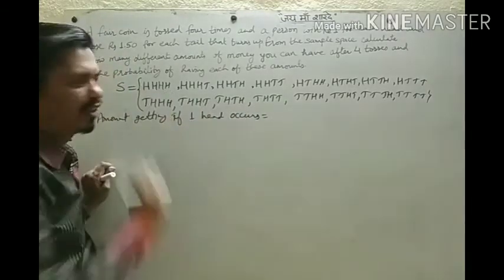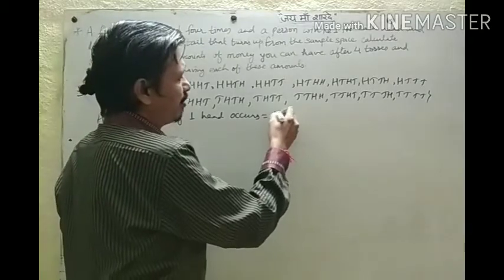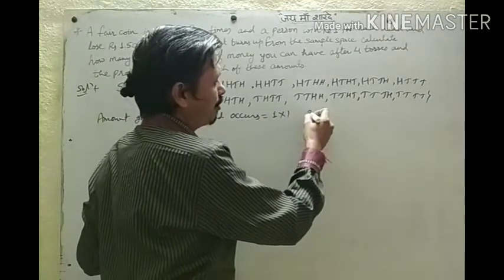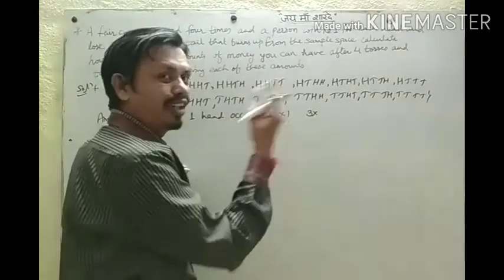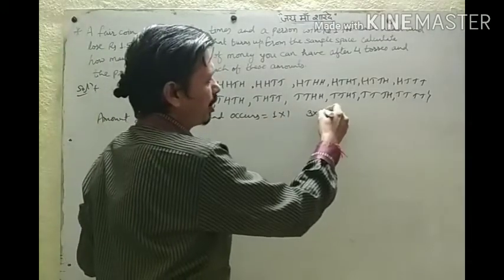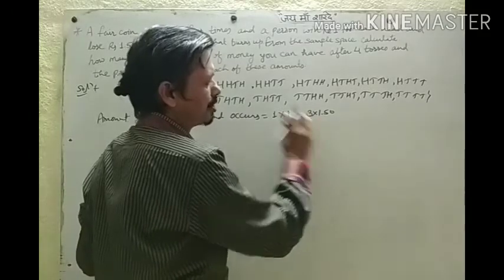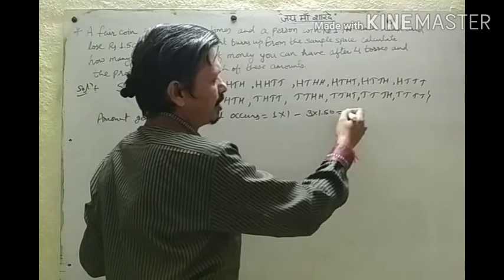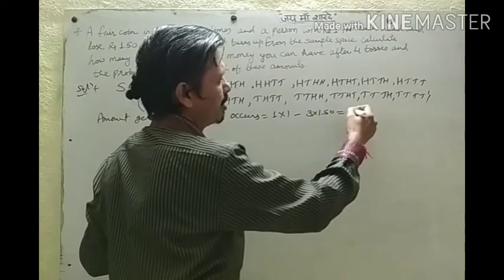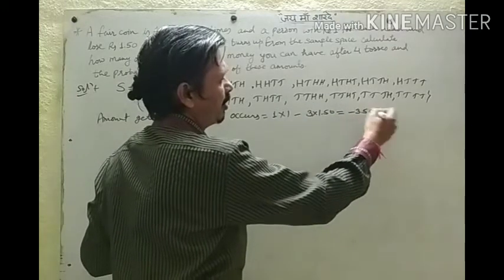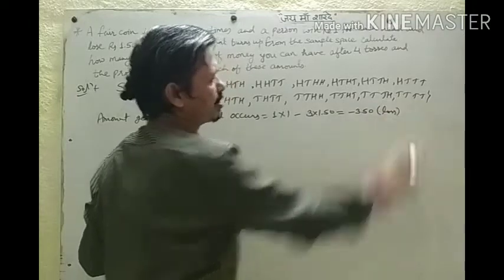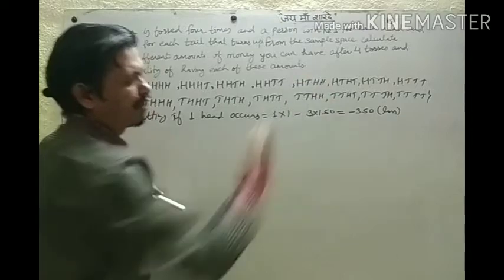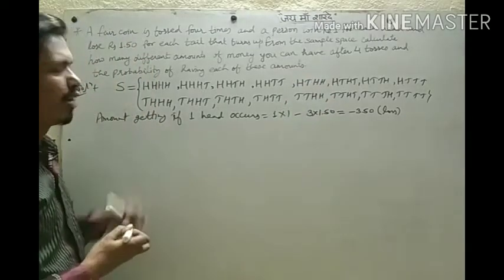For 1 head, we get 1 rupee, 1 into 1, and 1 head means there will be 3 tails. So 3 into 1.50, this we will lose. So 1 minus 3 into 1.50, that is 4.5 minus 1, means minus 3.5. We get a loss of 3.50 rupees if we get 1 head.